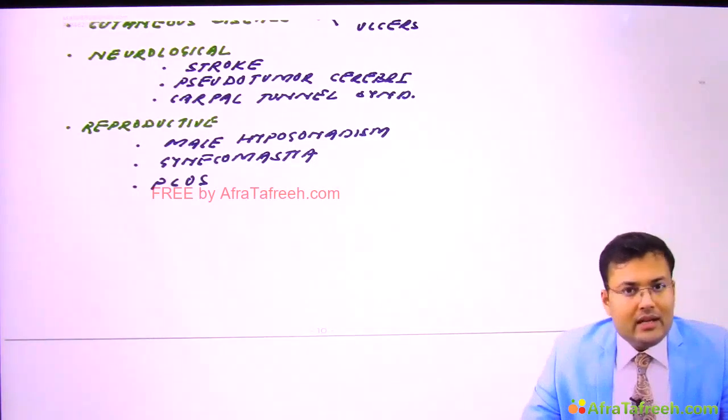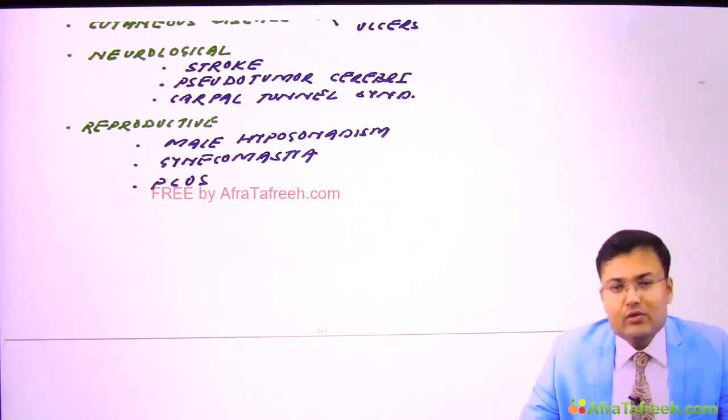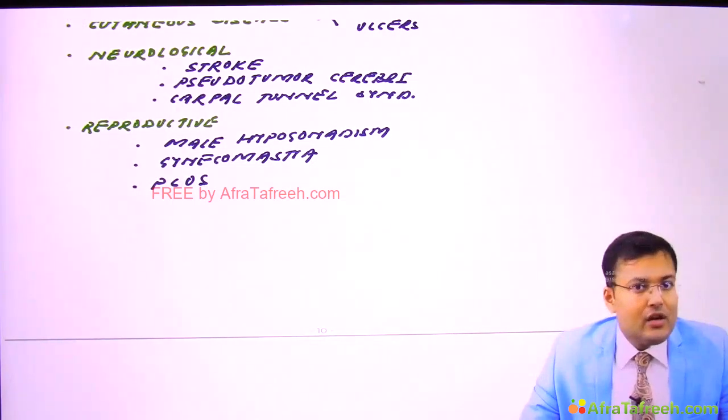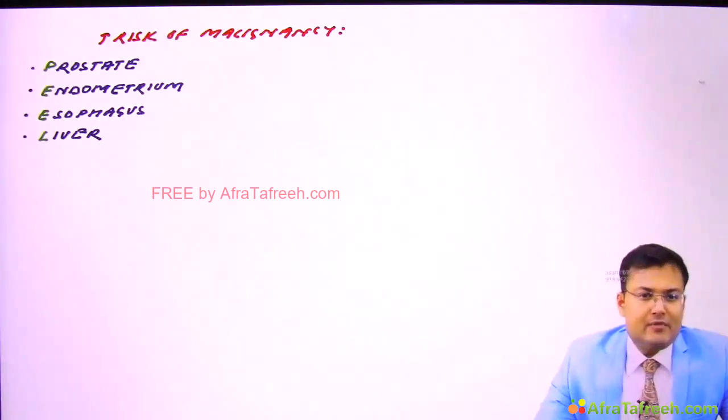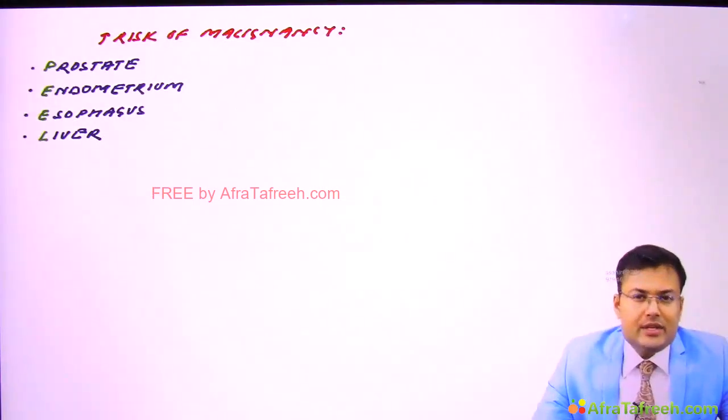Second problem: obesity increases the risk of most adenocarcinomas. So what are the malignancies whose risk is increased by obesity? It increases the risk of carcinoma prostate, carcinoma endometrium, carcinoma esophagus and liver carcinoma.